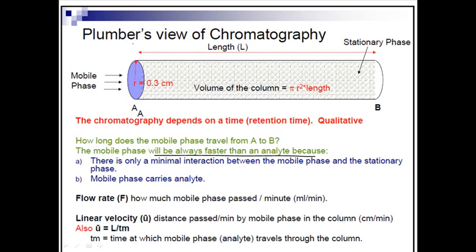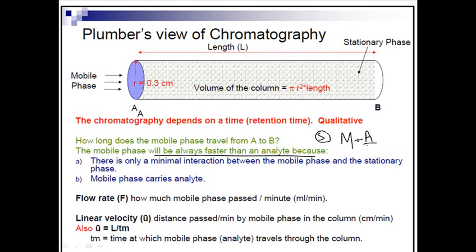Why is that? Because the mobile phase carries these analytes, but still the mobile phase is always faster than the analyte, because the mobile phase has nothing to do with the stationary phase. We choose mobile phase molecules in such a way that they minimize the interaction with the stationary phase.